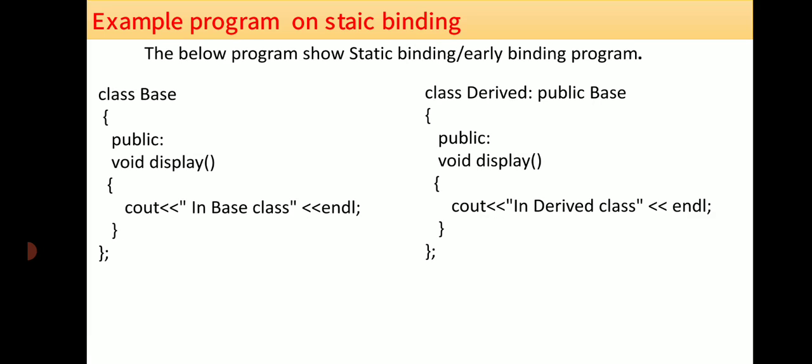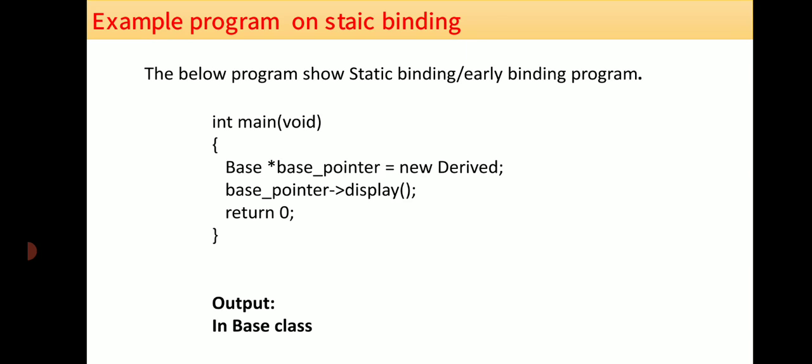And there is a derived class. In this also we have a display method, and we provide the output statement as in derived class. So one is the base class and the other is the derived class. We have already studied this in overriding functions.